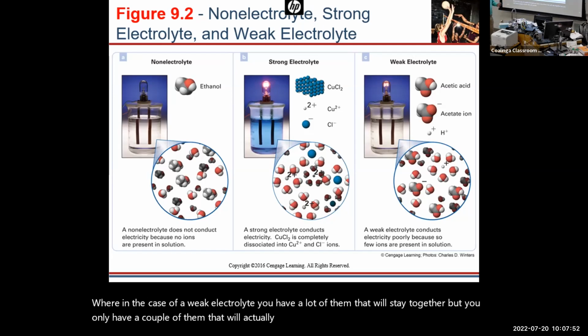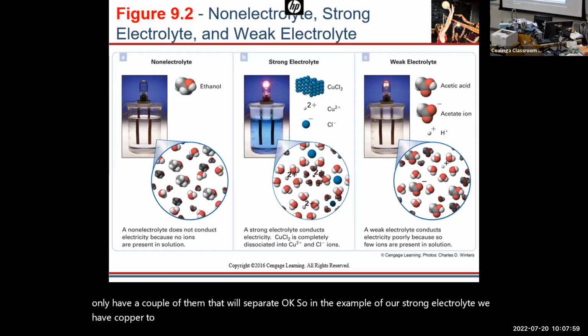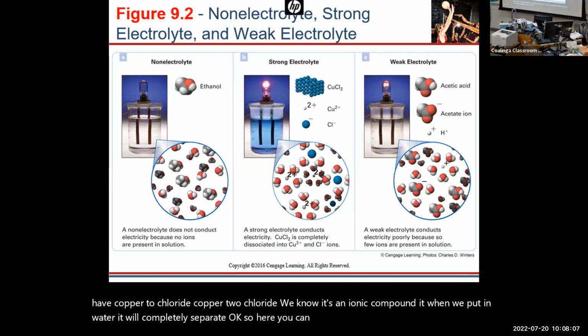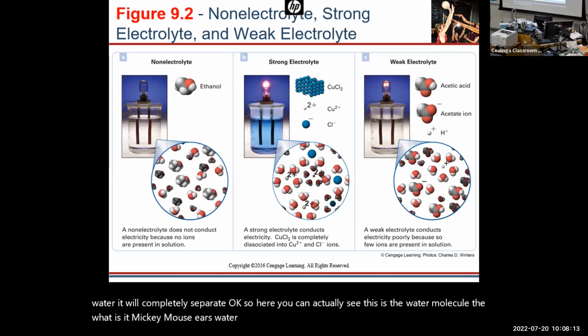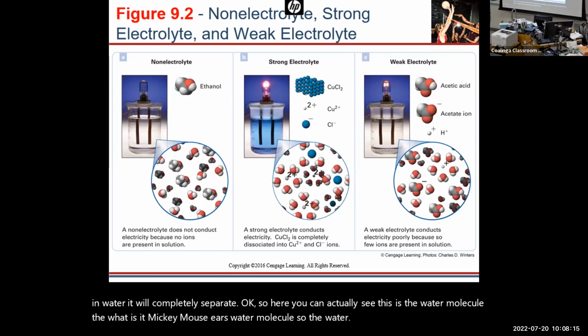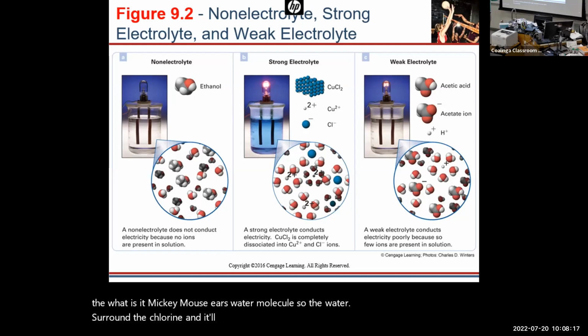Okay, so in the example of our strong electrolyte, we have copper II chloride. Well, copper II chloride we know is an ionic compound. When we put it in water, it will completely separate. Here you can actually see this is the water molecule, you know, the Mickey Mouse ears water molecule. So the water molecule will surround the chlorine, and it'll also surround the copper 2 ion.